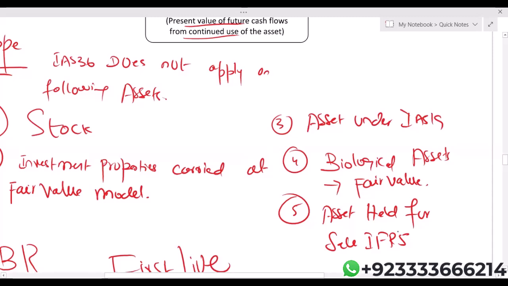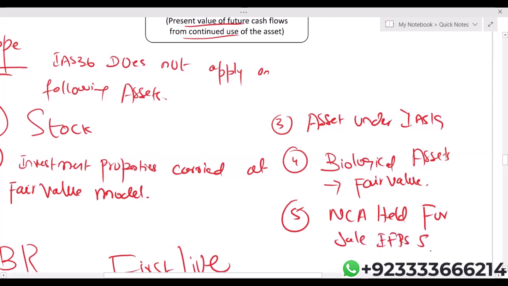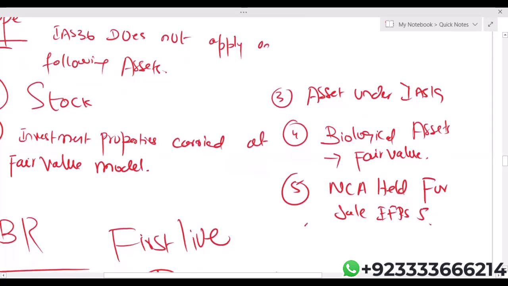Then IFRS 5 is applicable, and IAS 36 is not applicable. So simply you can say the non-current asset held for sale, IFRS 5. If you have a deferred tax asset, again, IAS 36 is not applicable on deferred tax asset.